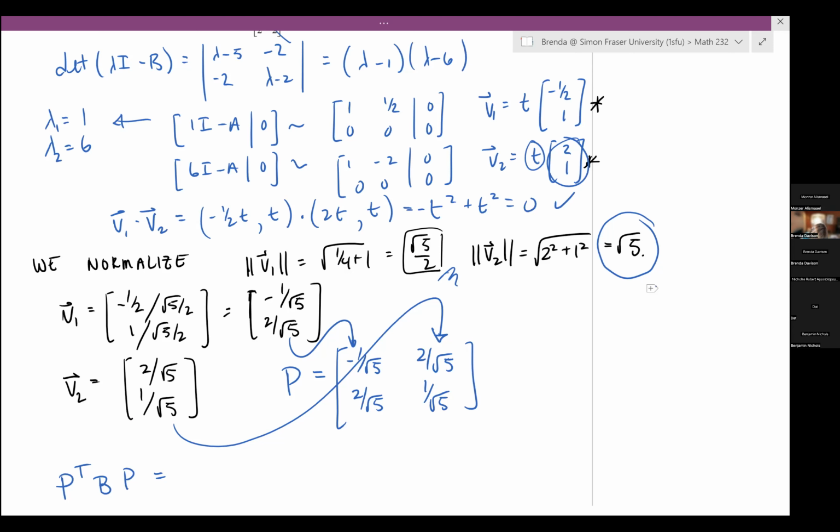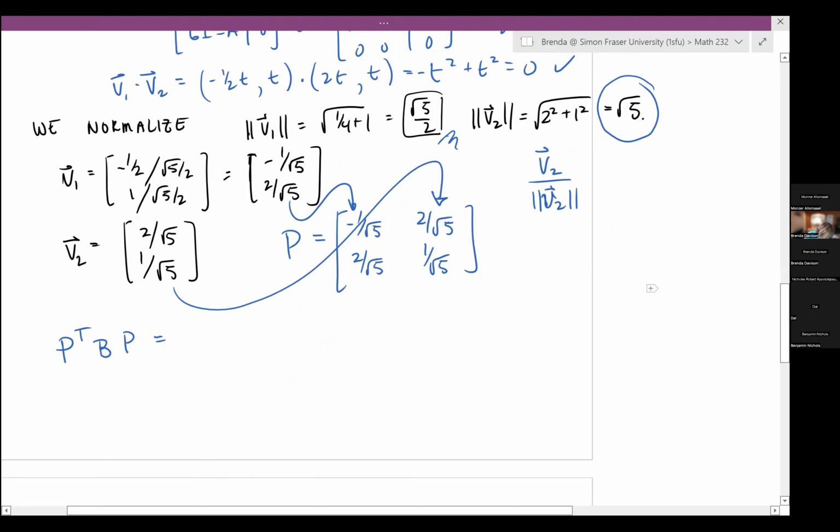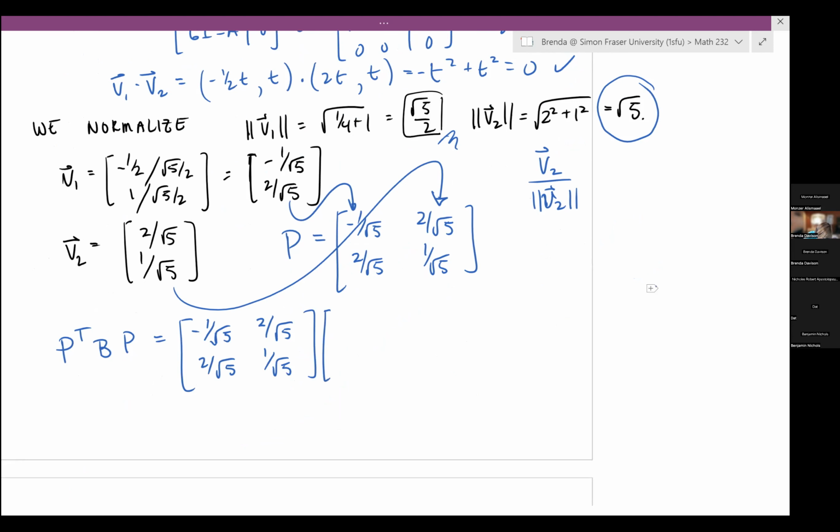So I'm taking here V2 divided by the norm of V2. There. Okay, so now I write that out. Minus 1 over root 5, 2 over root 5, 2 over root 5, 1 over root 5. That is P transpose, which is, hang on, let's see.